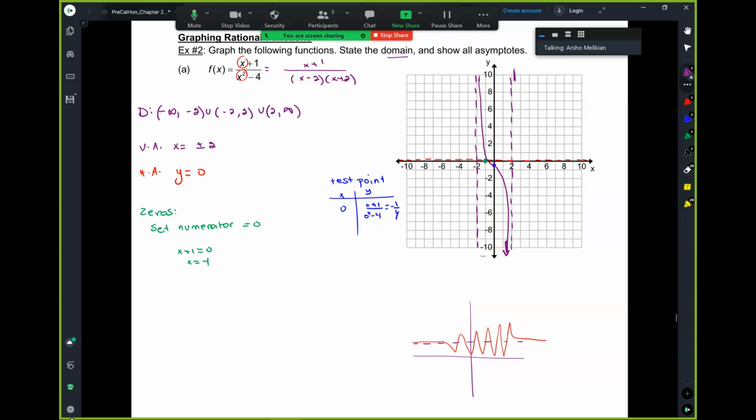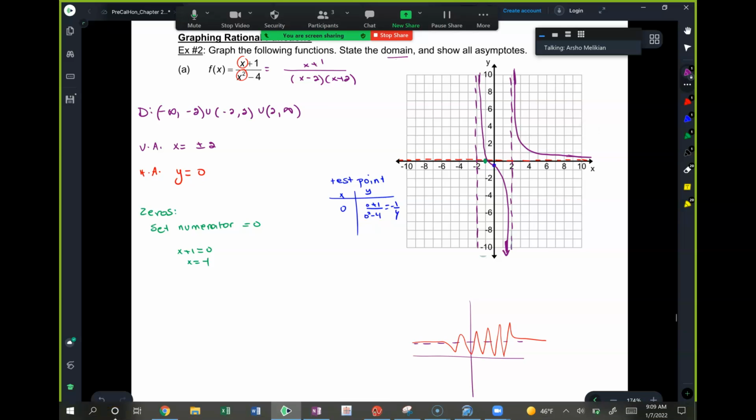It's got to follow the asymptote here and here. Are there any other zeros in that region? No. So the only way for this to happen is if it bends like that. When we found the zeros, it was only x equals negative 1, so there is no other place that it's going to cross the x-axis.